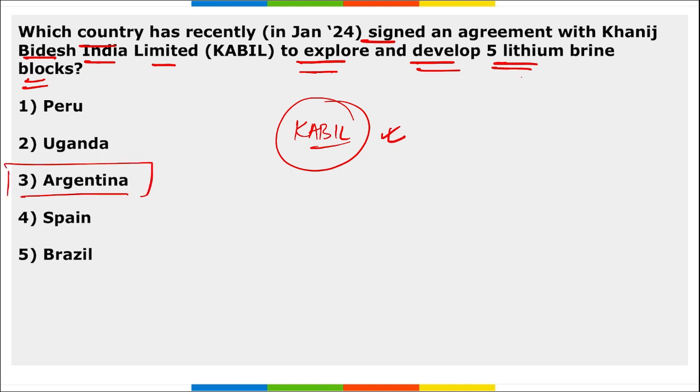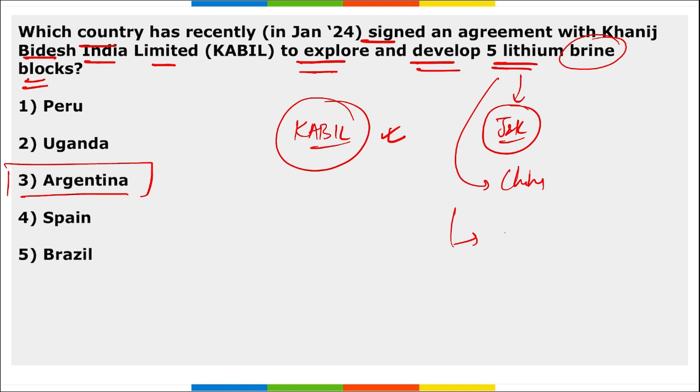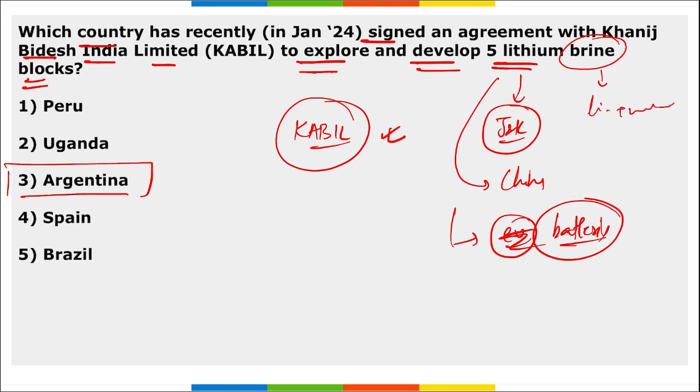We know lithium, in Jammu and Kashmir also reserves of lithium were discovered, and lithium's monopoly is with China. It is one of the main important sources for developing electric vehicles, not just electric vehicle batteries, we can say rechargeable batteries. And brine is basically a solution of lithium and water.